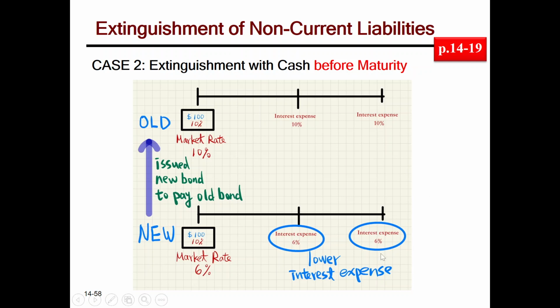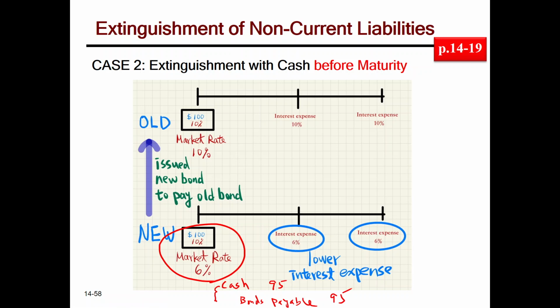If you issue the new bond and get the cash 95, how should we record it? Cash 95, and bonds payable 95. Totally the same as before.